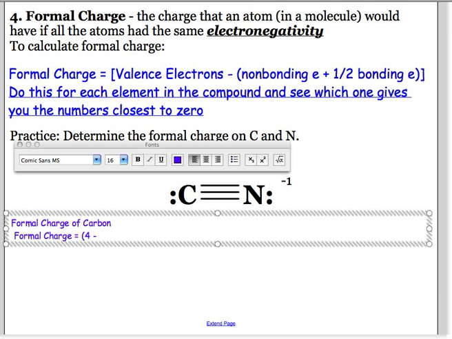And we're going to do minus our non-bonding electrons. Non-bonding electrons are just our dots. So we have 2 plus half of our bonding electrons. So you can think of bonding electrons one of 2 ways. The bonding electrons count all the electrons that are in the bond. So we have a triple bond here, that's 6 electrons.